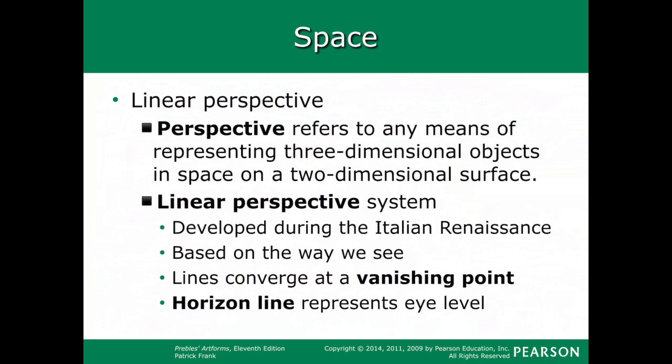And when it comes to space, there is this system called linear perspective. Perspective refers to any means of representing a three-dimensional object in space on a two-dimensional surface. The linear perspective system was developed during the Italian Renaissance, around 1400 CE.